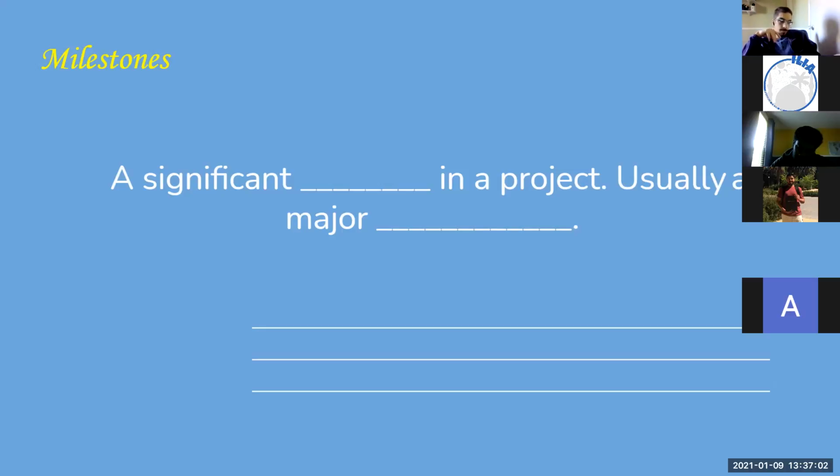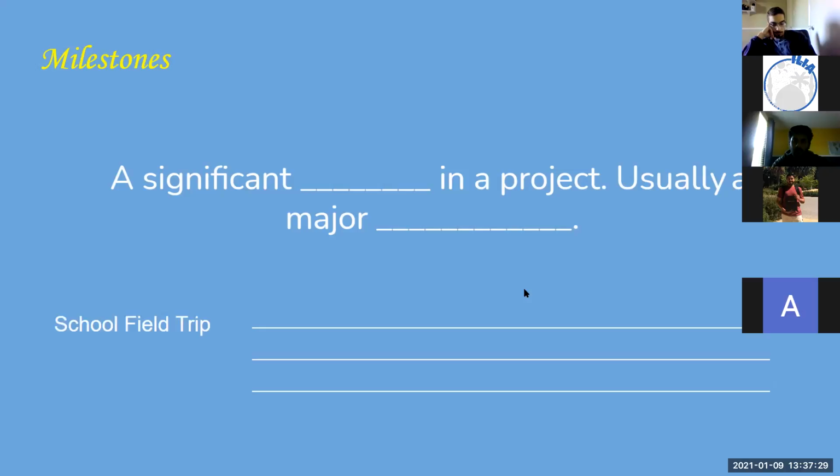A lot of people mistake milestones for dates. Like they say, we have a milestone at the end of the quarter for our project. Not necessarily. It's when you accomplish something on your project related to a deliverable that is of interest to your customer, not to you or your team, but to your customer. All right. So significant accomplishment, usually a major deliverable.